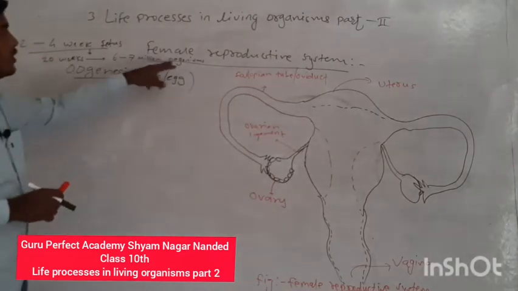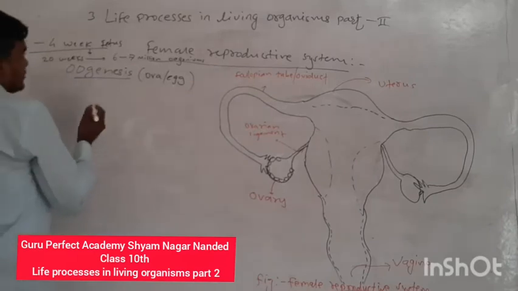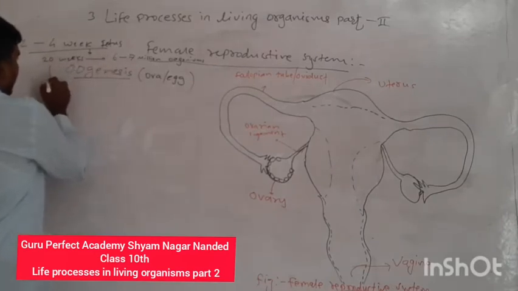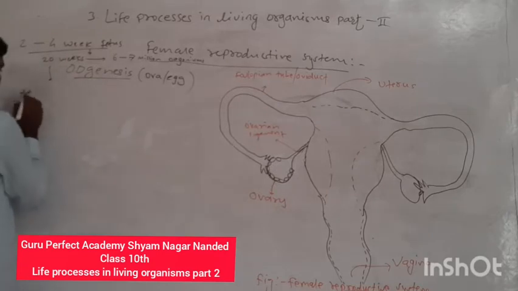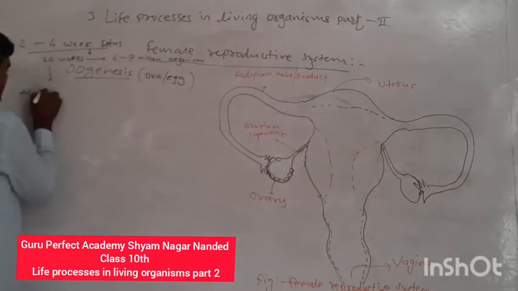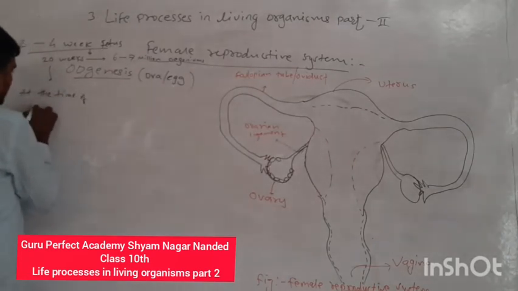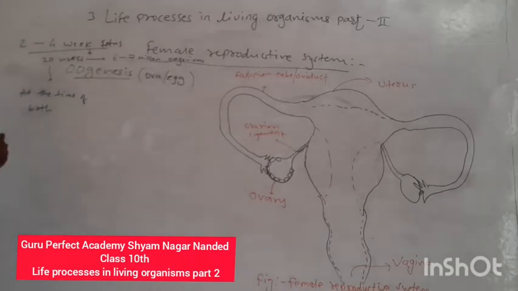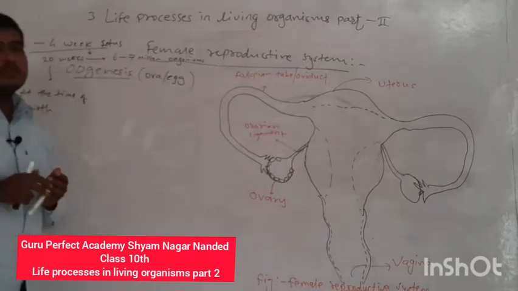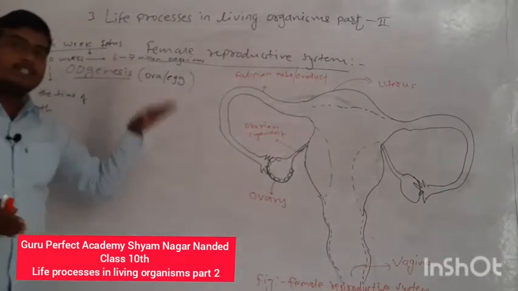Okay, these oogonium cells are diploid in nature, and after that, at the time of birth, this process of formation of oogonia declines, and their number is declining.